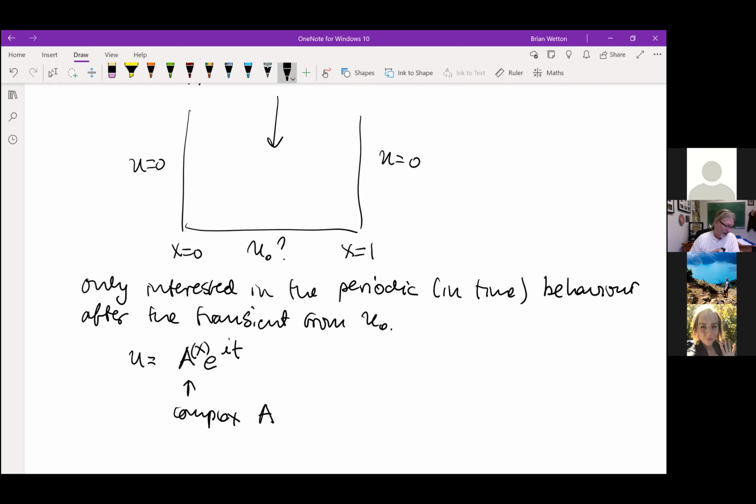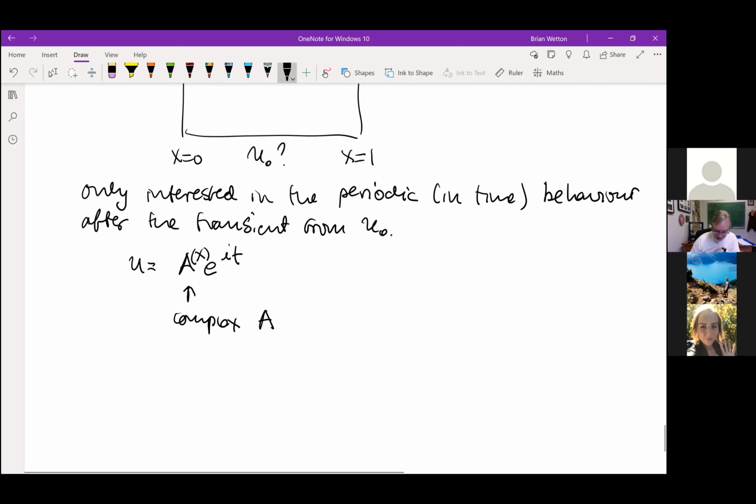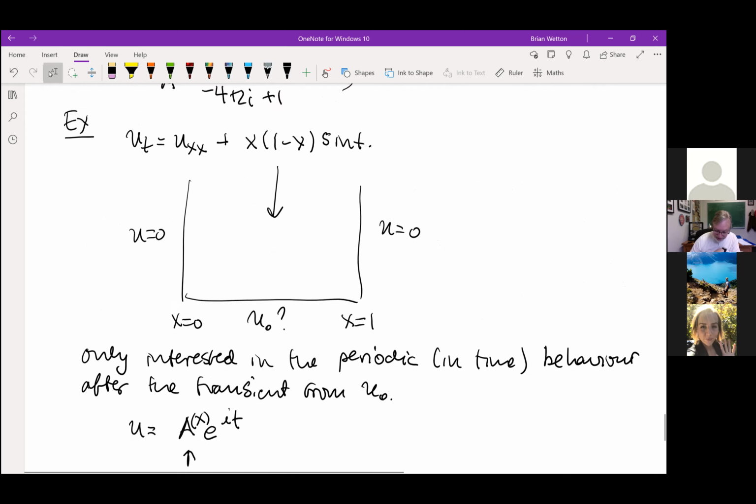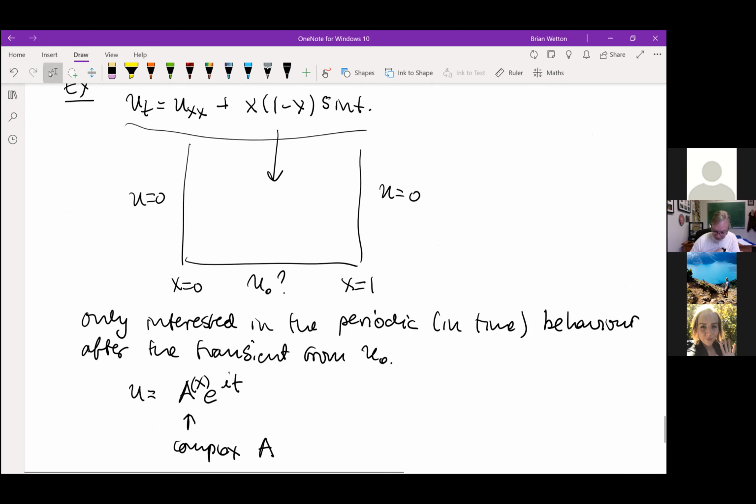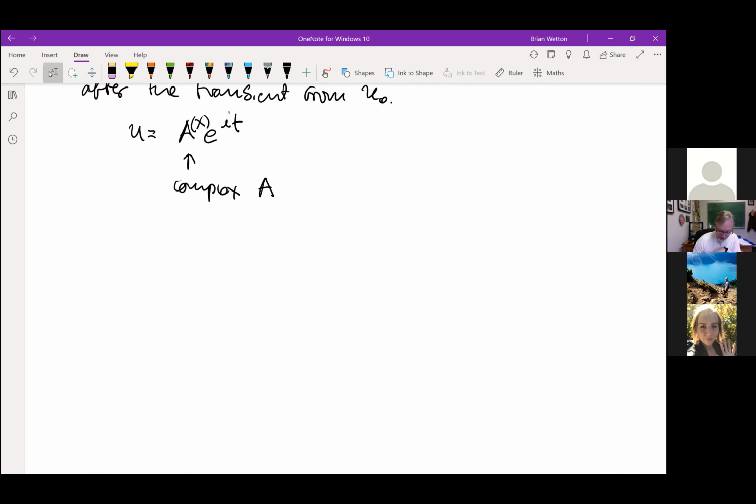Okay, and so now we could put that into this equation, right? And we would have i times A e to the it is equal to A double prime e to the it, minus x times 1 minus x e to the it.